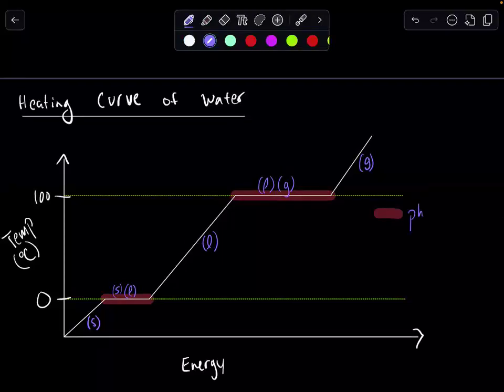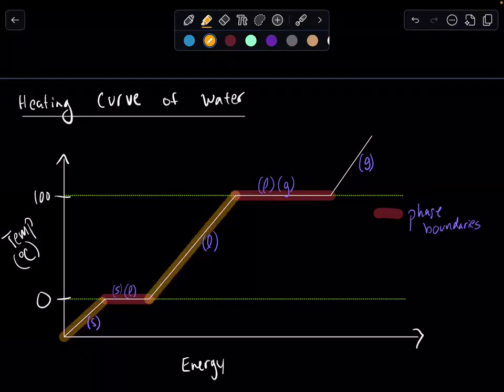So we call these our phase boundaries, where both exist. Now in our other regions right here, this is where we have our regular phases, solid, liquid, and gas. And I'm not going to put a key for that one. They're clearly labeled.